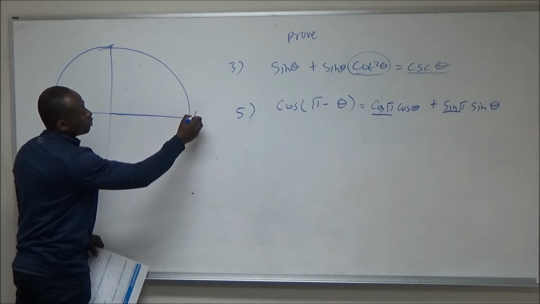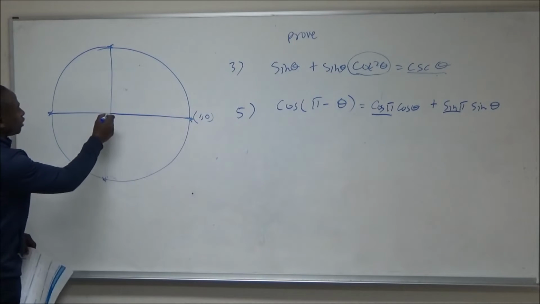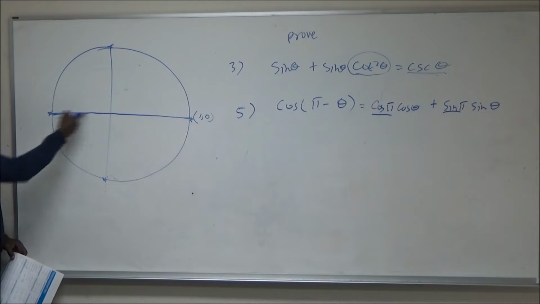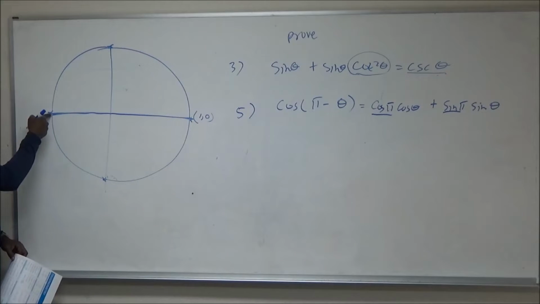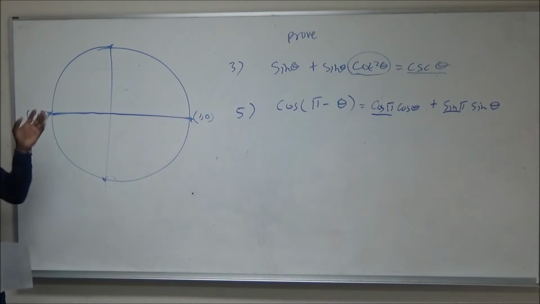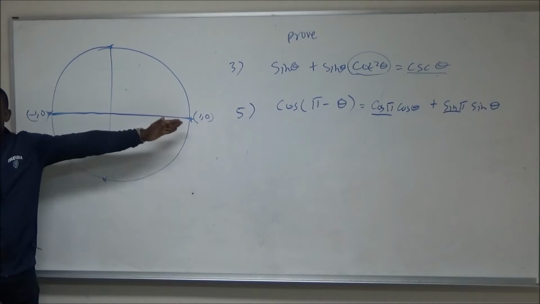That's why cosine of 0 is 1 and sine of 0 is 0. And on this line, also on the unit circle, there's no y value, but the x value here is negative 1. So it's just going to be negative 1 and 0.